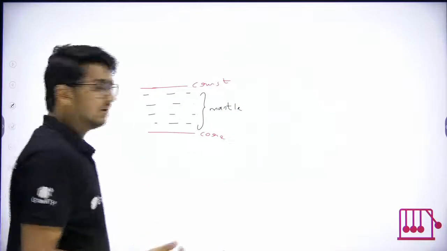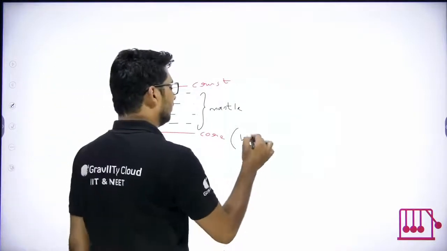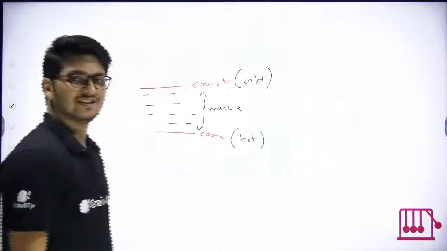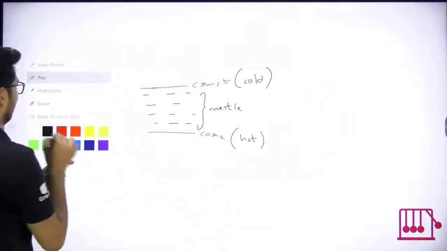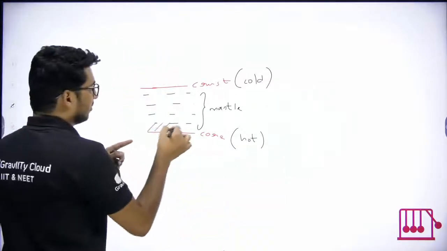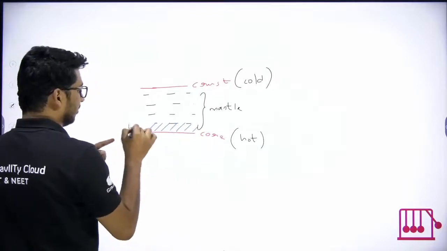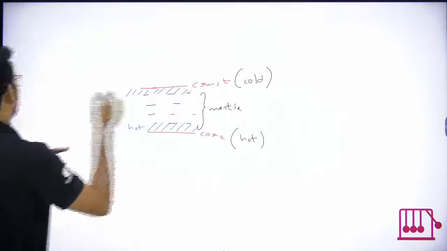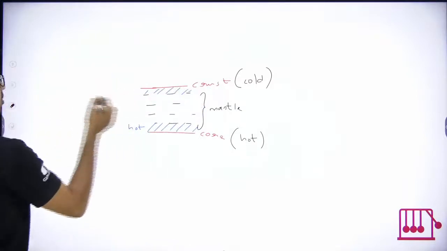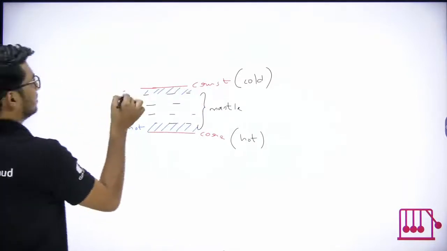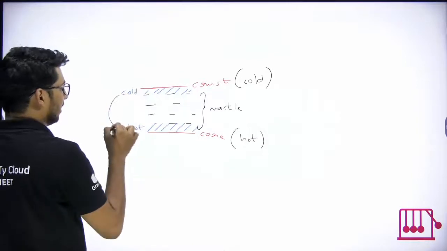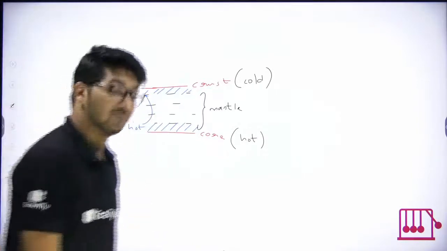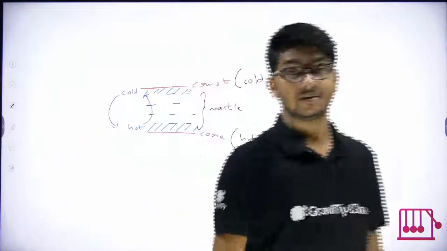Comparatively, the core will be very hot and the crust will be cold. So this part of the mantle is hot and this part is cold. Automatically, the cold one comes down and the hot one goes up. That is the convection cycle.